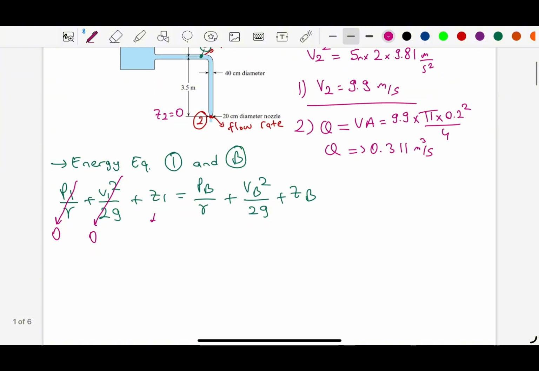Or you can say this is 1.5 and this is 0 because it is the reference. And this time, of course, we will have pressure because this is inside the pipe and it is a full pipe. So it means we have a pressurized pipe, so we cannot assume it is 0.